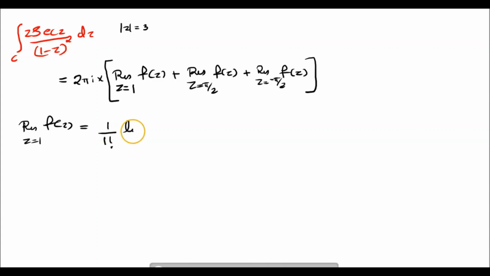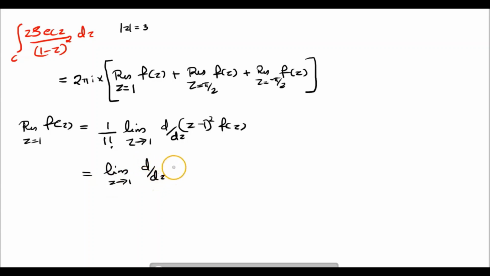This is 1 by 1 factorial, limit z tends to 1, d by dz of (z minus 1) all squared into f of z. Since 1 factorial is 1, and (z minus 1) all squared and (1 minus z) all squared are the same, the limit is of d by dz of z sec z.